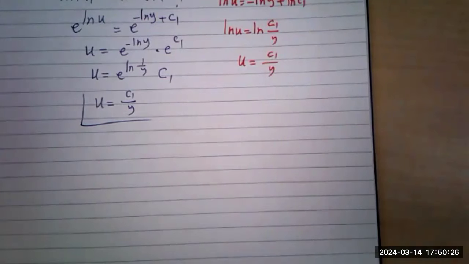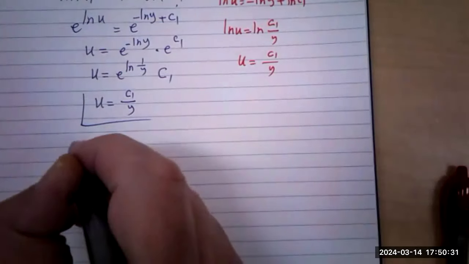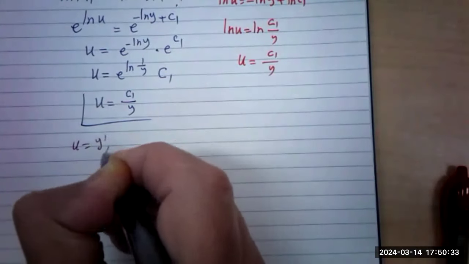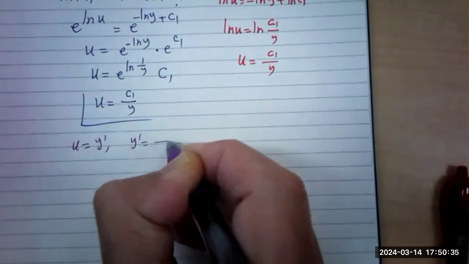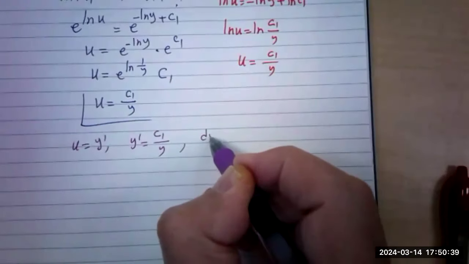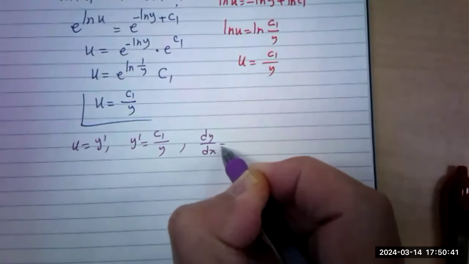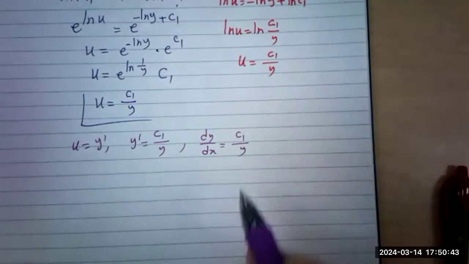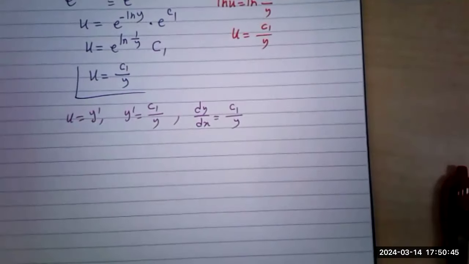Because you have to continue now. You take u to be equal to y prime and continue. So u is y prime, so y prime is C1 y. Replace the y prime by dy dx, which is going to be C1 y, and continue to solve the problem.